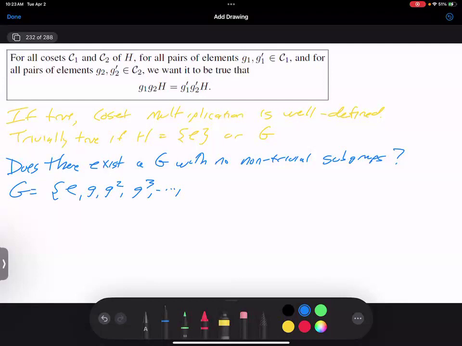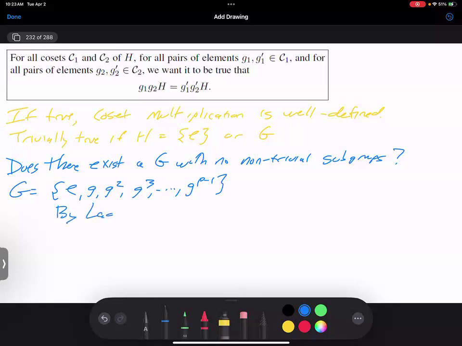I'm sorry? To what? To prime power? Not quite, almost. Because if I stop at 7, I would have 8 elements. It's 1 less than a prime. I go up to g to the p minus 1.